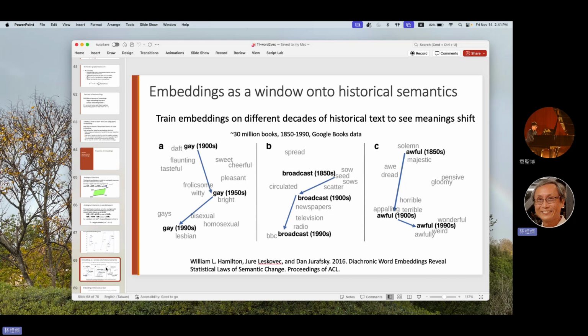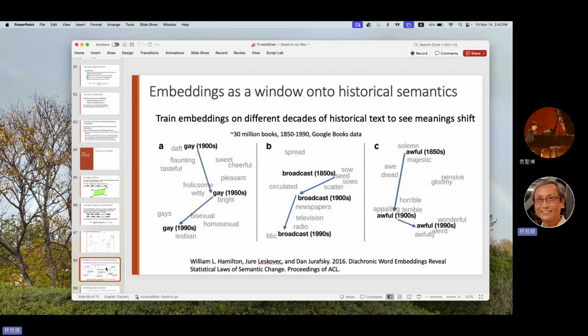You're spreading not the physical thing, but the information around. So actually, broadcast is being embedded in a space which is closer to newspaper. But now, when you say broadcast, it's going to be radio. We don't really mean that you're going to be spreading the seeds in the field.